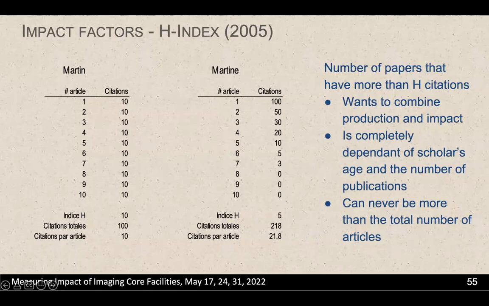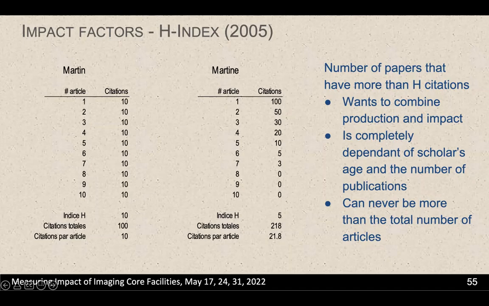So this person had one relatively highly cited article. I mean, the first 4 are pretty good. And then it goes down to some of them that have 0, but she still has an H index of 5 because she only has 5 articles with over 5 citations.